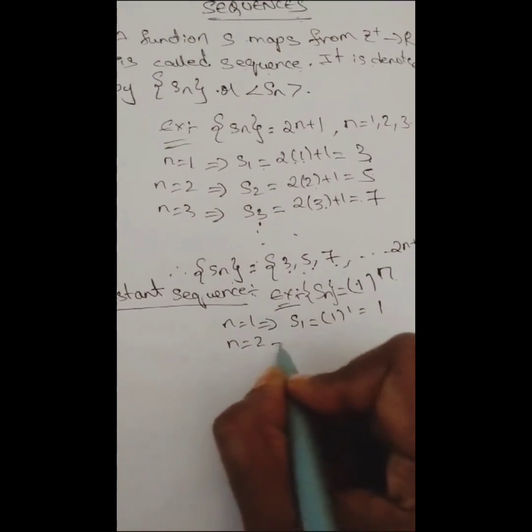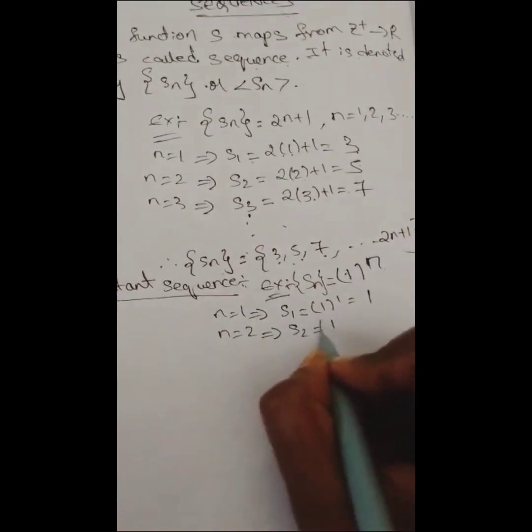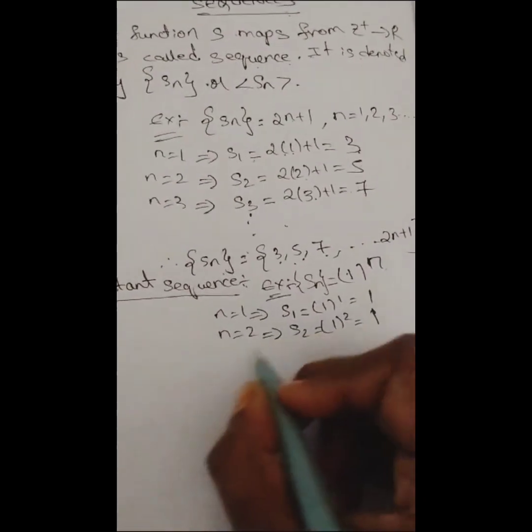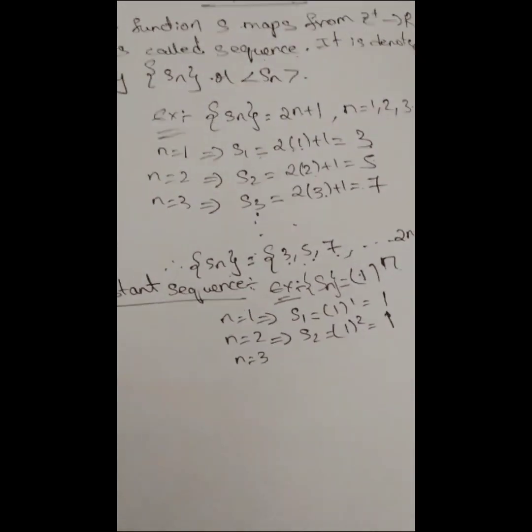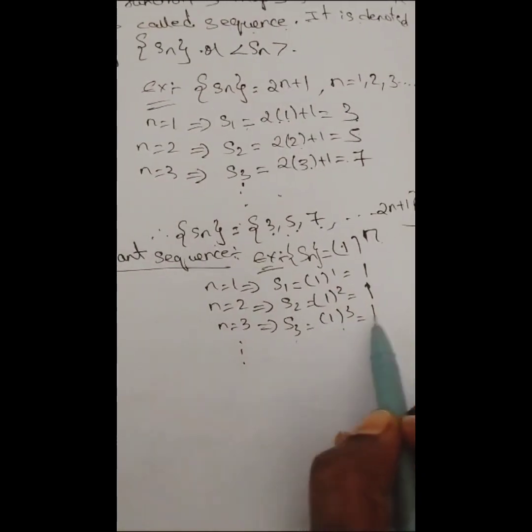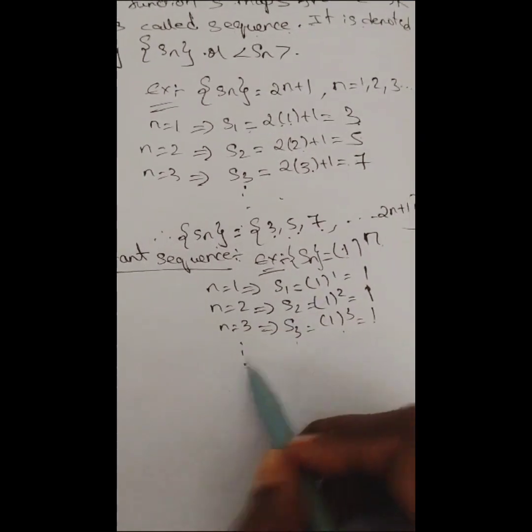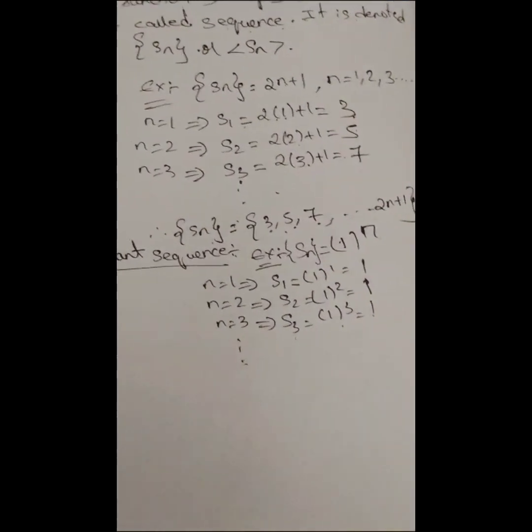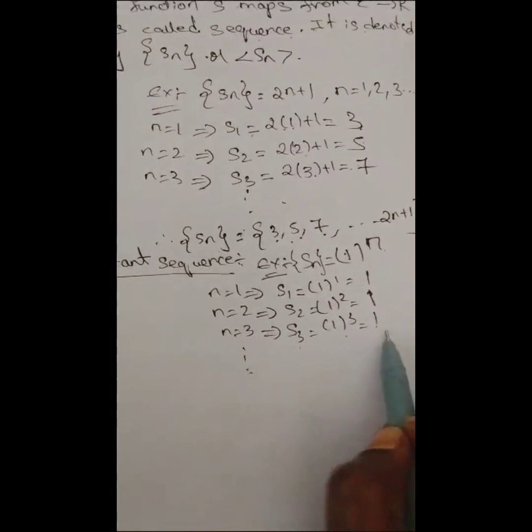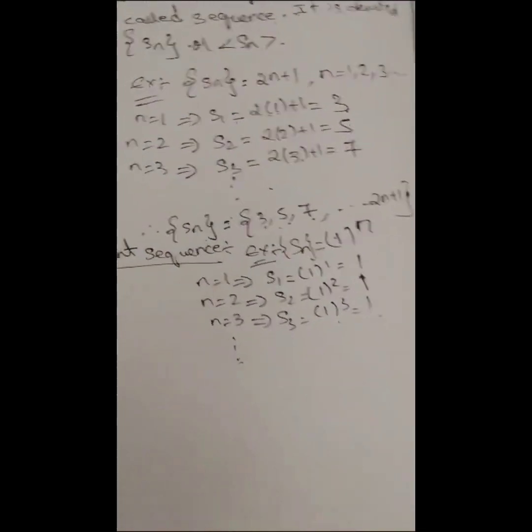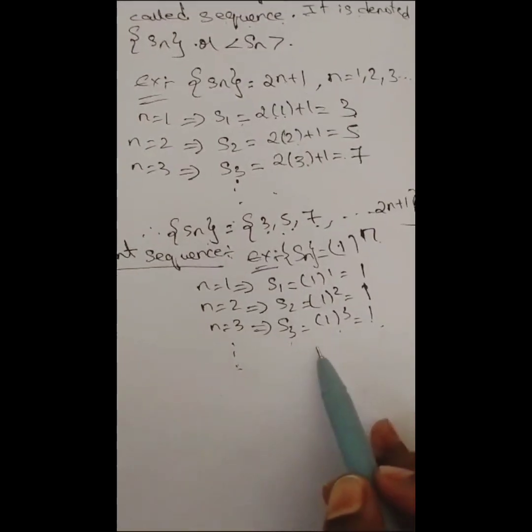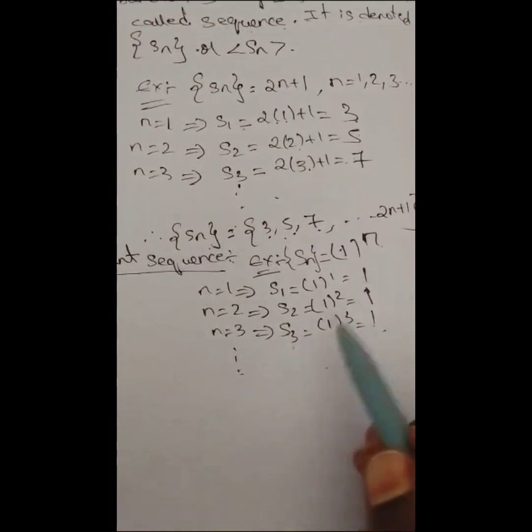For n equal to 2, S2 equals 1 whole power 2, which equals 1. For n equal to 3, S3 also gives the same value. If you proceed till n terms, you get Sn equal to 1 whole power n. 1 power anything is 1.